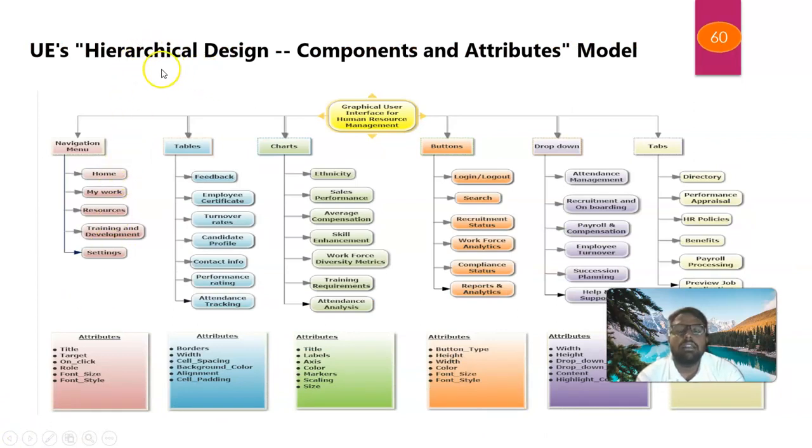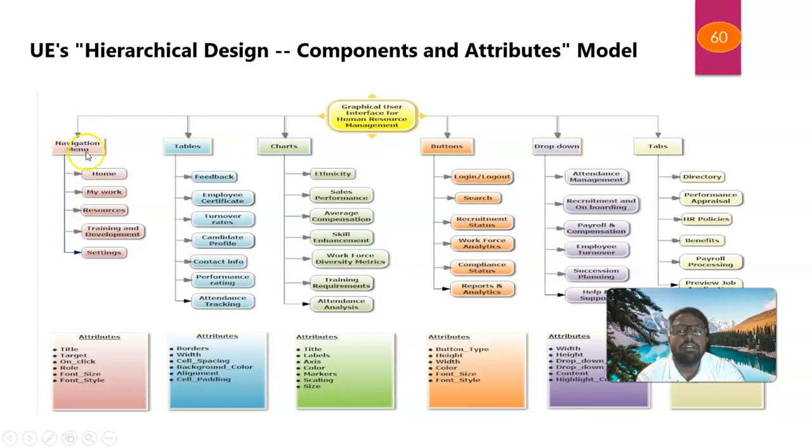Coming to the hierarchical design of components and attributes model. The graphical user interface of HR management is connected to the different components, and the attributes are given below for each component.